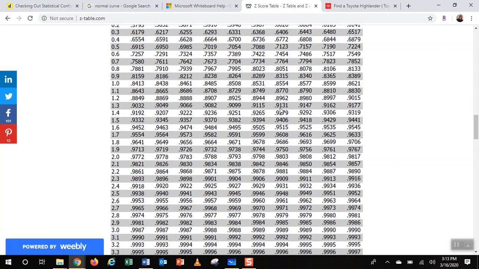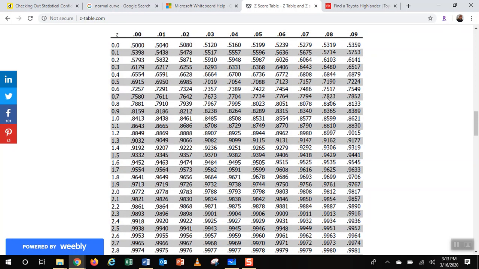Remember from before, it was 0.8997, and that's 1.28, about 90%, because 0.8997 is closer to 0.9 than 0.915 is. That's how we end up saying the z-score of 1.28 is at 90%.